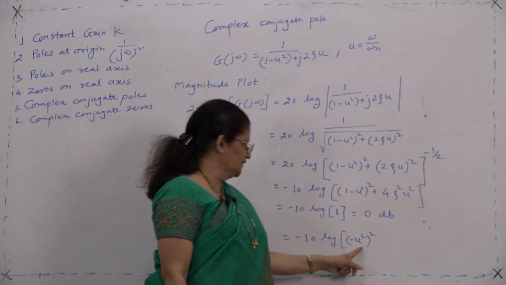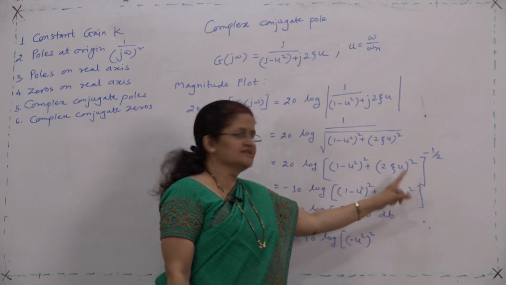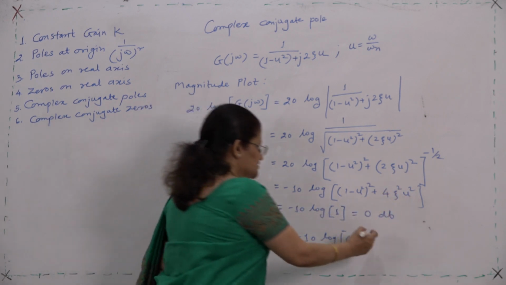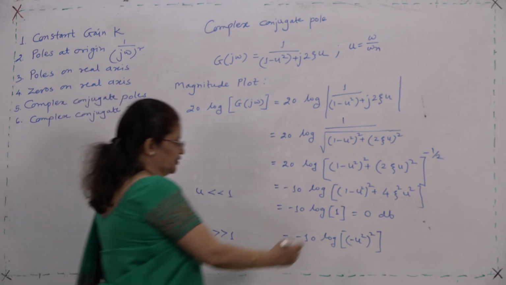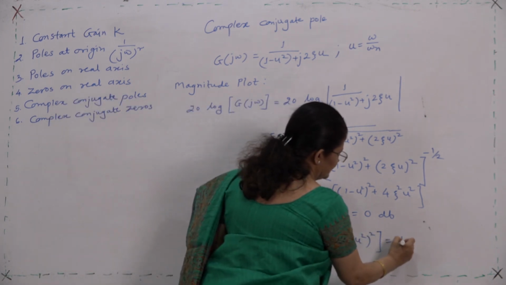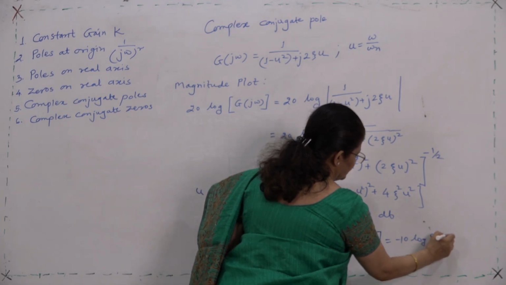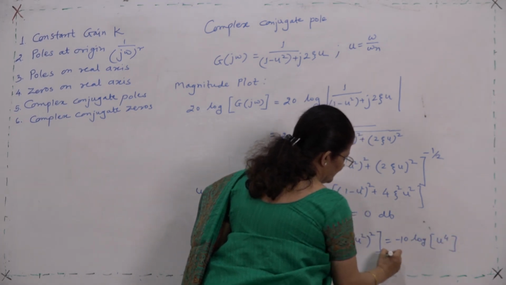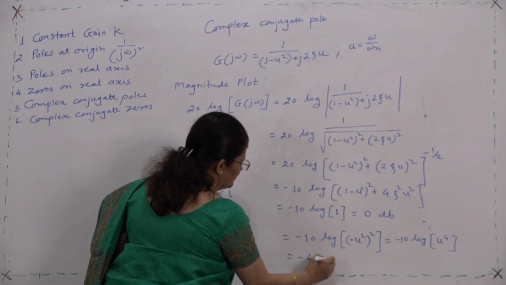So, you are getting here u raised to 4. Compared to u raised to 4, u square is small and so neglect it. So, what you will get here is minus [u square] bracket raised to 4. So, the same I can write here as minus 10 log of u raised to 4, or we can write here minus 40 log of u.